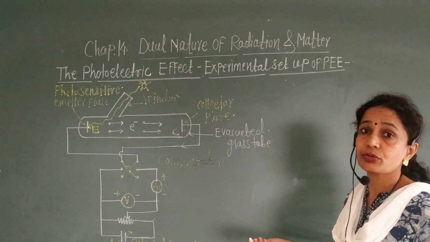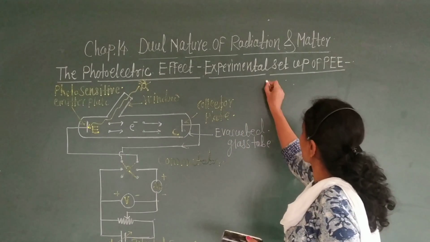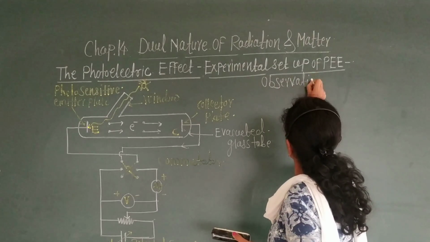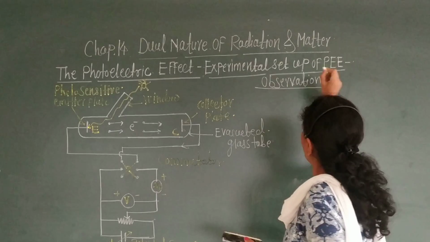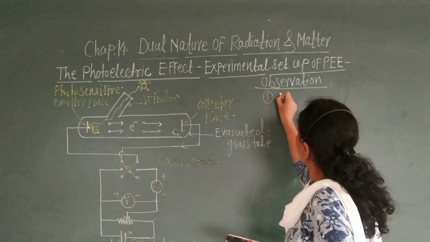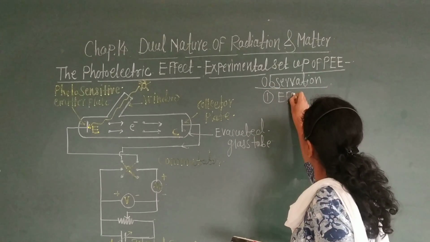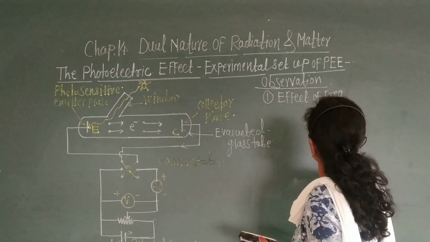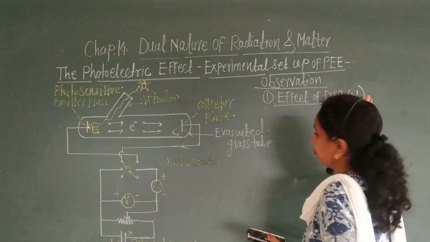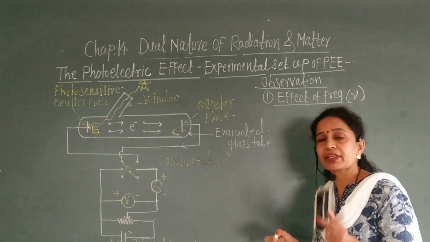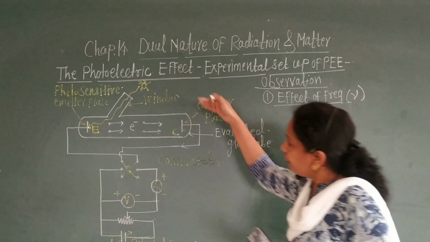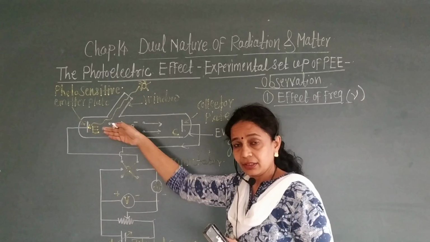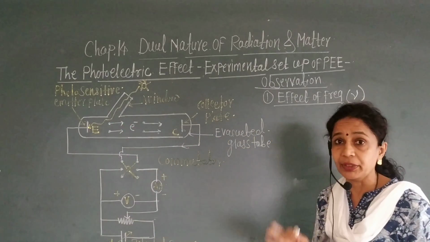Now we have to see the observations. First, the effect of frequency (nu) of incident radiation. When ultraviolet light is incident on the emitter plate, photoelectrons are emitted.